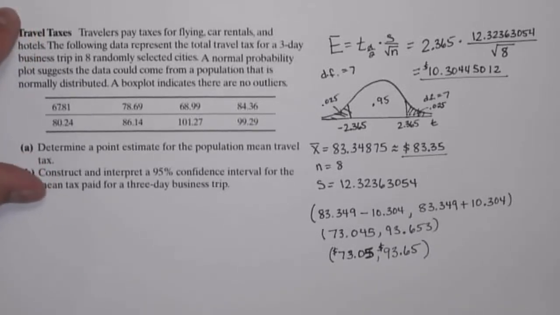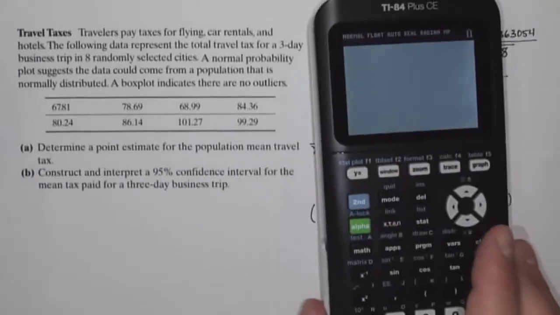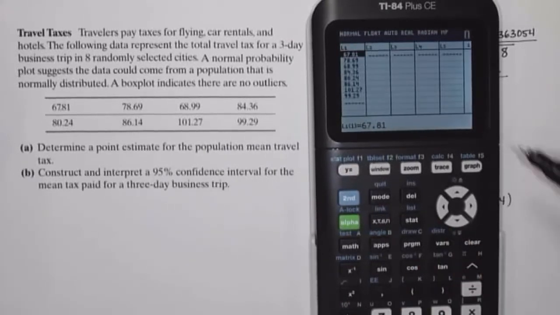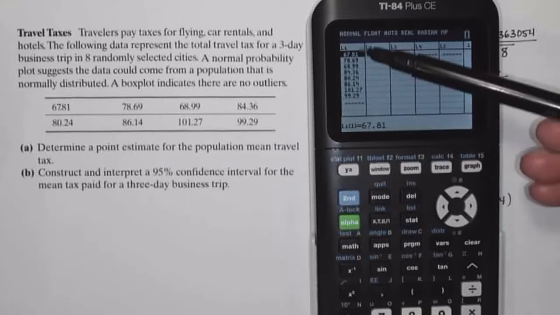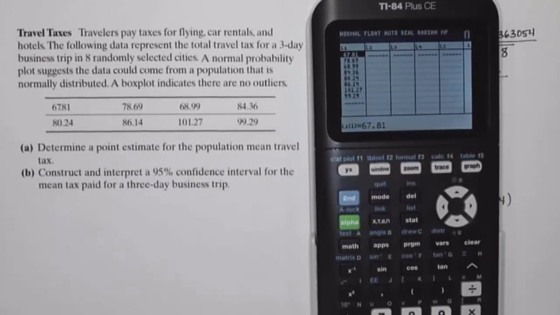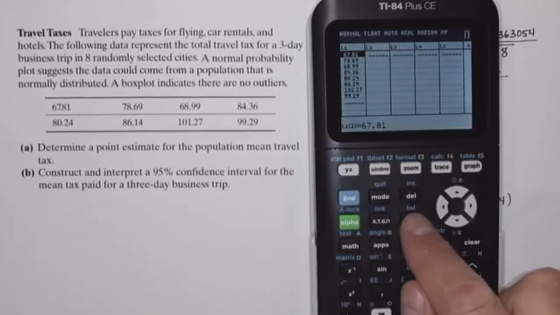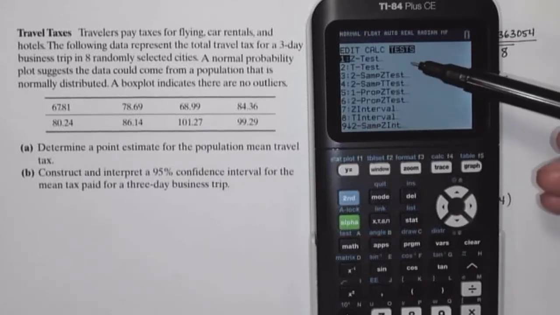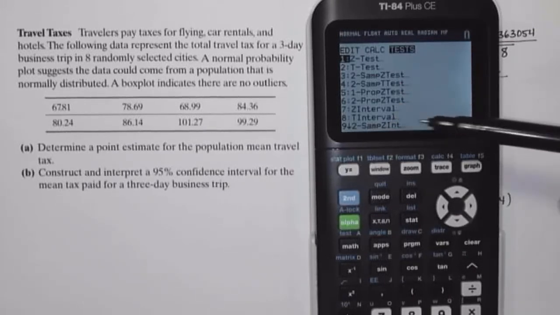Now let me show you how to do this with the calculator and with StatCrunch. So if I want to just do this problem directly with the calculator, then I can go to Stat and Edit, and I can enter the data values into a list. So in this case, I've entered the data values into list 1. Once I have the data into a list, I can go to Stat and I can go to Tests. We want to do a t-interval.